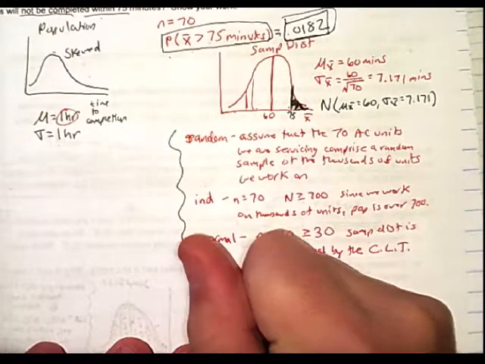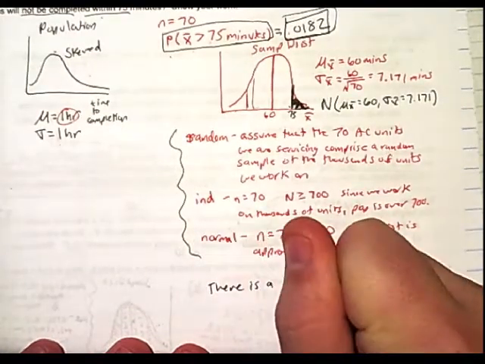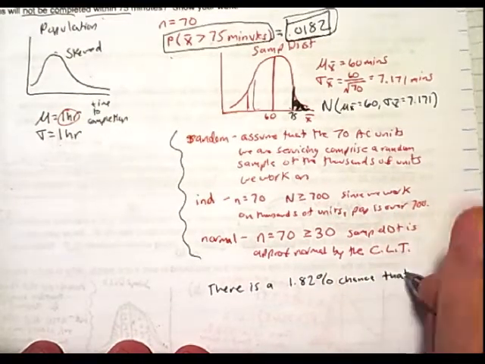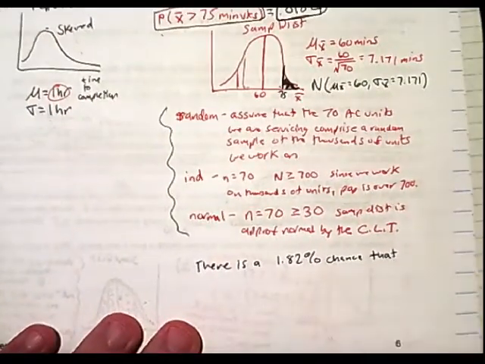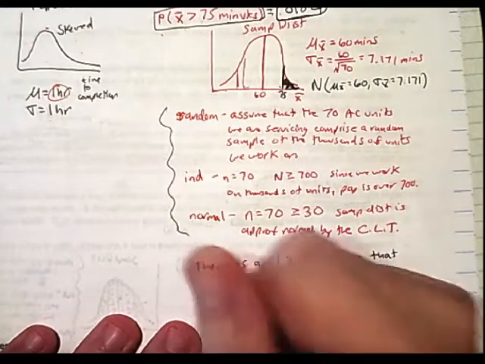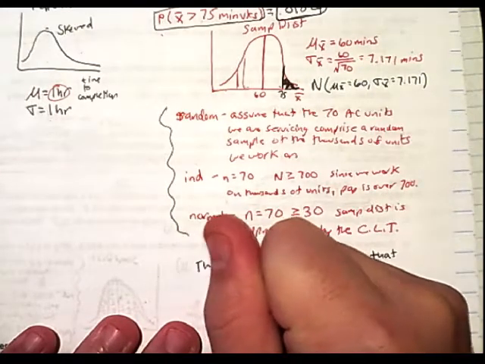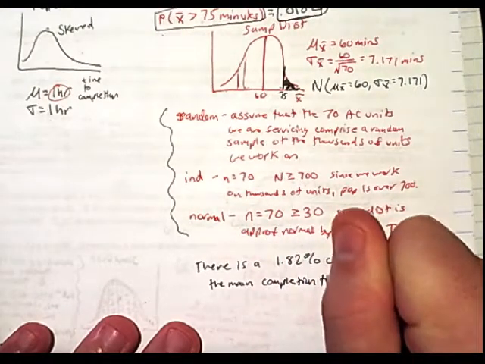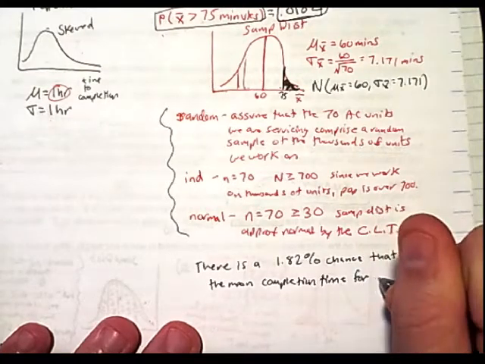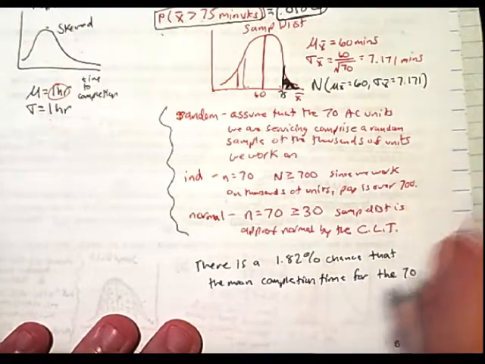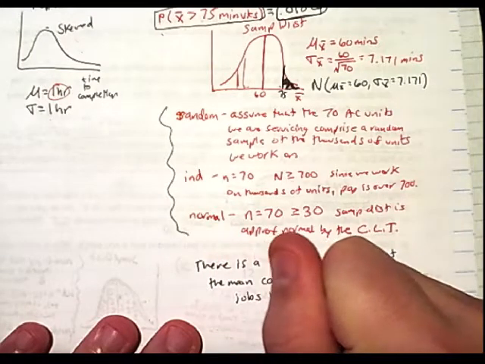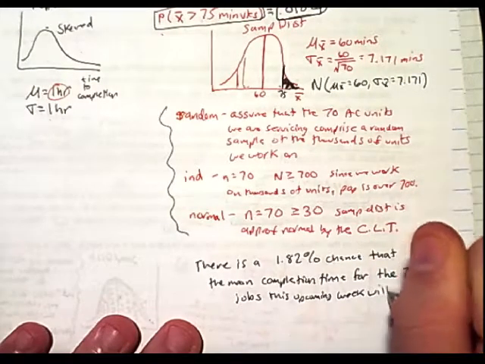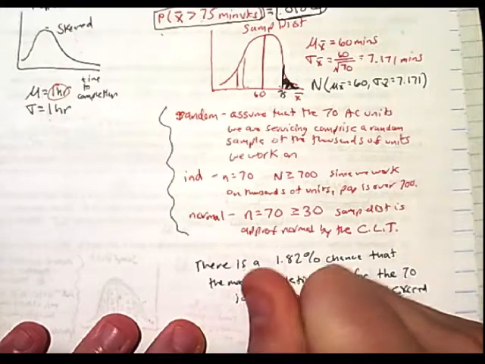So in words, there is a 1.82% chance that the mean completion time for the 70 jobs this week will exceed 75 minutes.